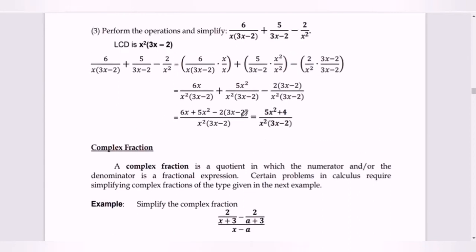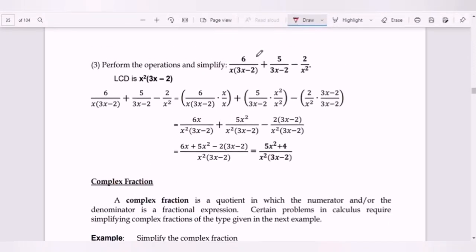So in our third example, we need to perform the operations and simplify 6 divided by x times 3x minus 2 plus 5 over 3x minus 2 minus 2 over x squared. This example is an application of subtraction and addition.